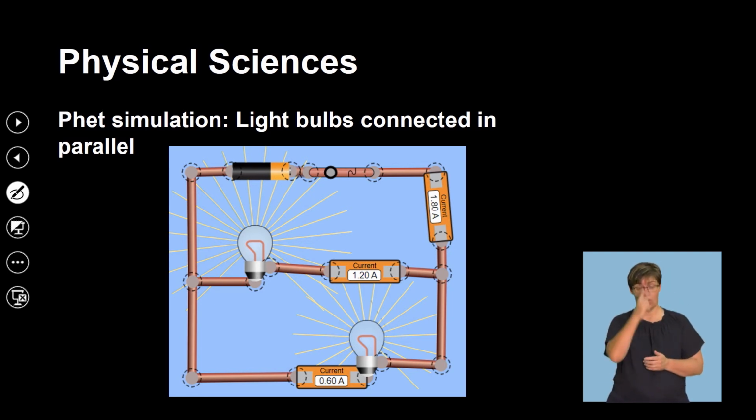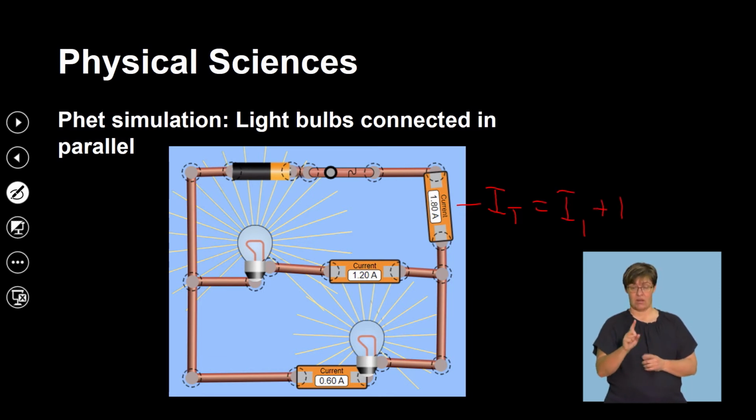But remember, in any parallel circuit, current is divided. In this case, this is our total current, because all the current passes through that point. This total current is equal to current 1 plus current 2. So in this case, what do we have?